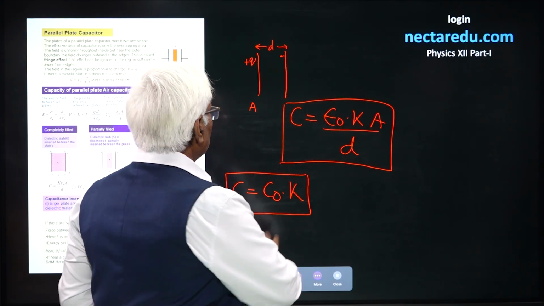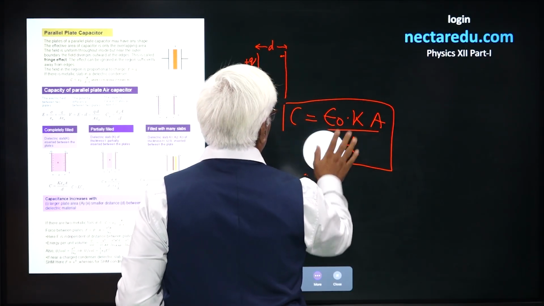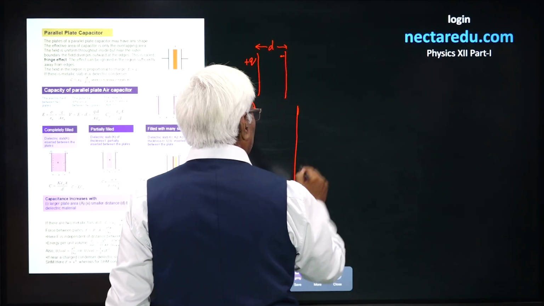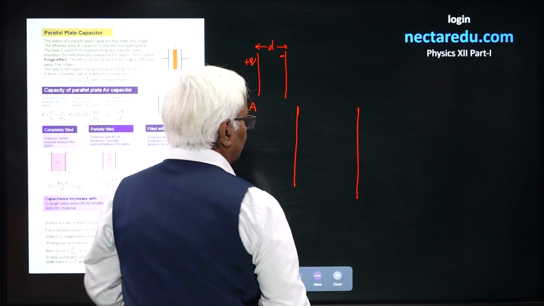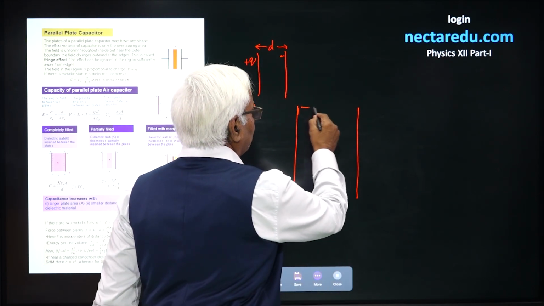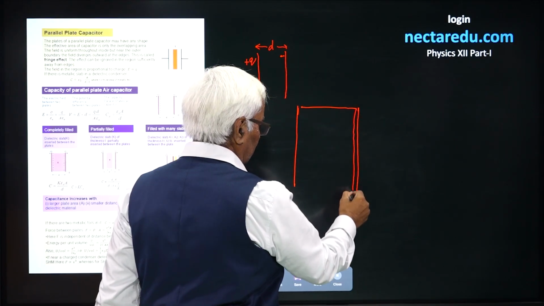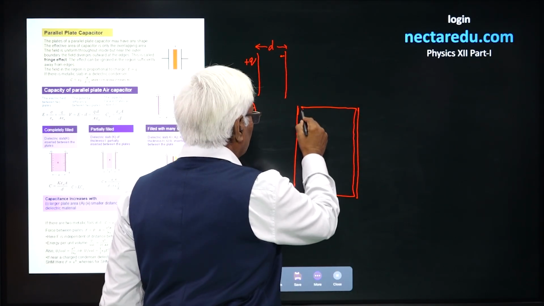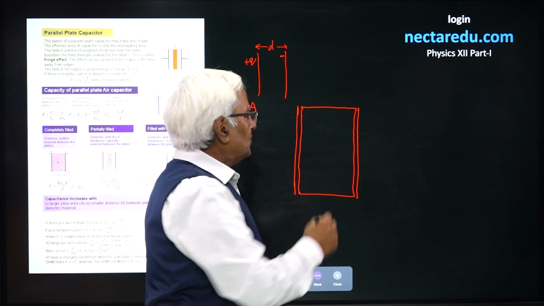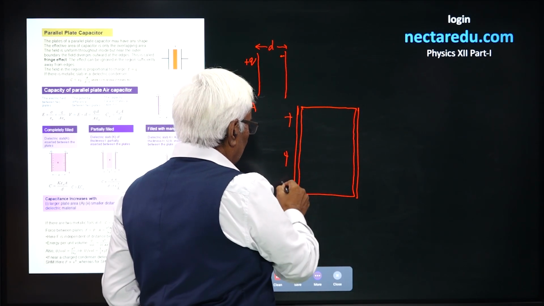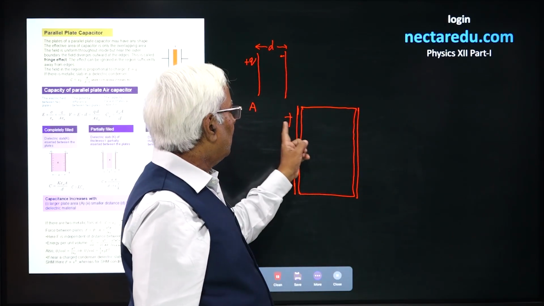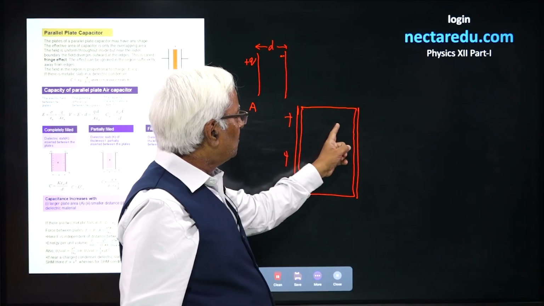Here you must remember that whatever the charge you give to the plates of the condenser, it's not going to reside on the dielectric slab. Suppose this is the slab. You have completely filled the condenser. The charge you give over here will not be transferred to the slab.